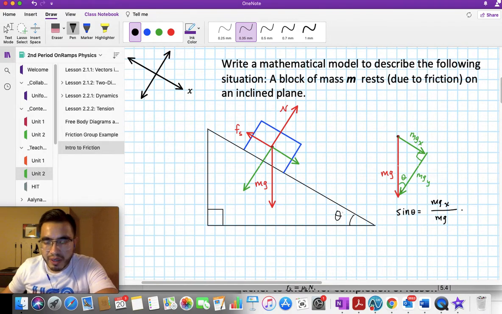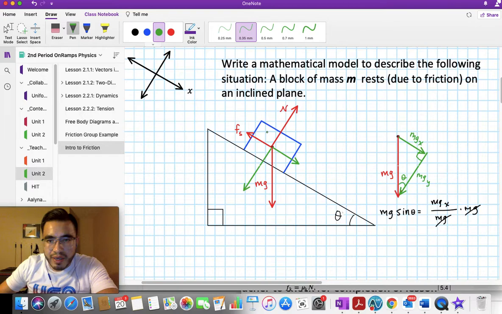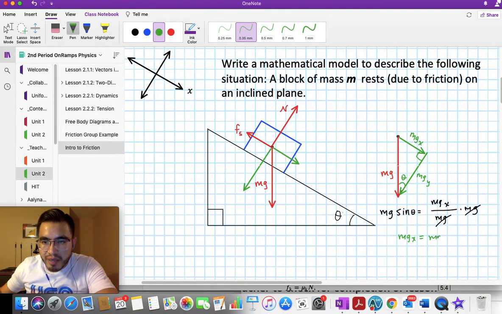Let's isolate mgx. So I multiply times mg here and here. These two cancel. And now I have that mgx is mg sine theta.